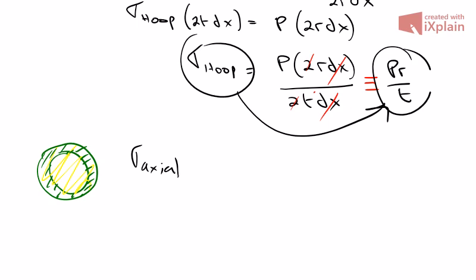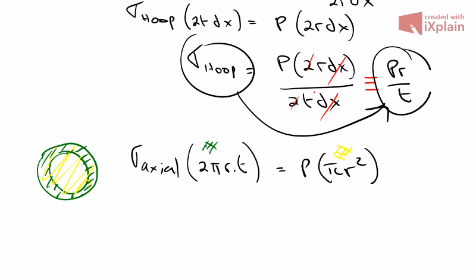So we say stress axial times 2 pi rt is equal to the pressure times pi r squared, and that side is equal to the green area.